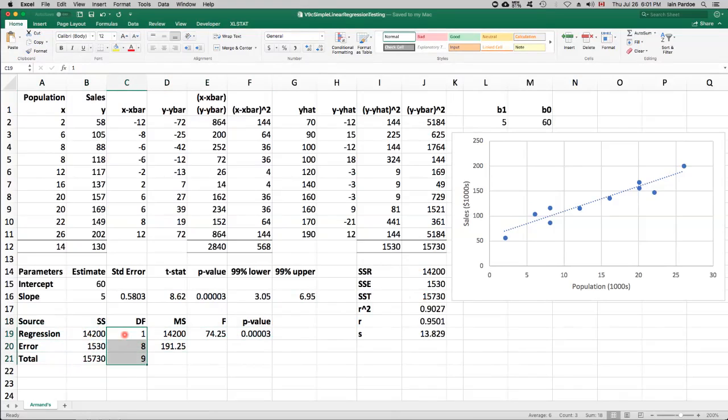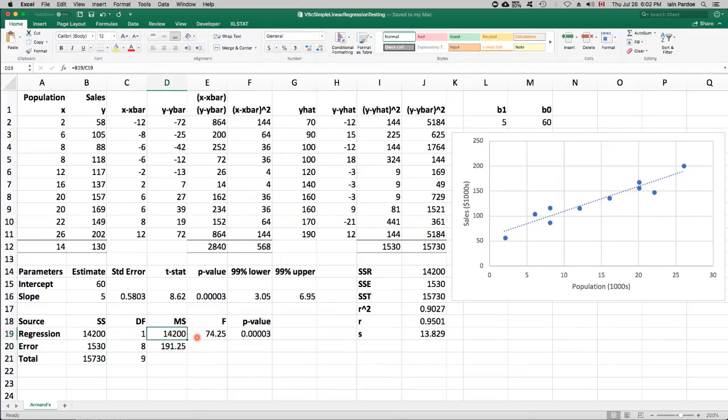For the degrees of freedom, there's 1 degree of freedom for the regression. There's 8 degrees of freedom for error. We already talked about that. And then there's 9 degrees of freedom in total, because the sample size is 10, and the total degrees of freedom is always sample size minus 1.